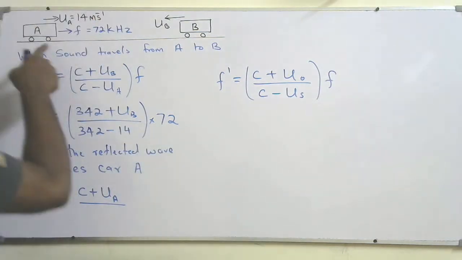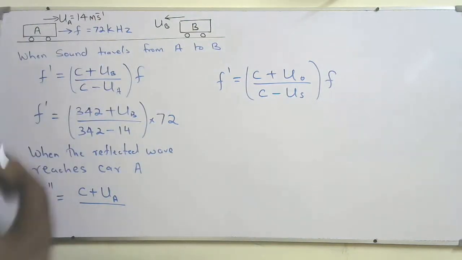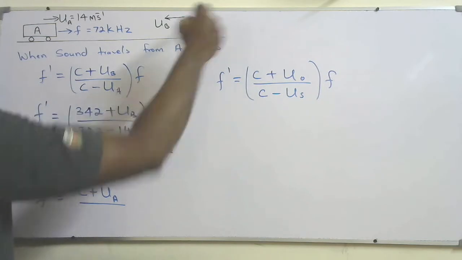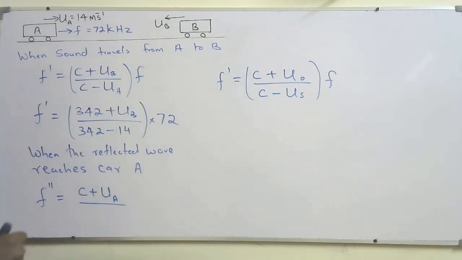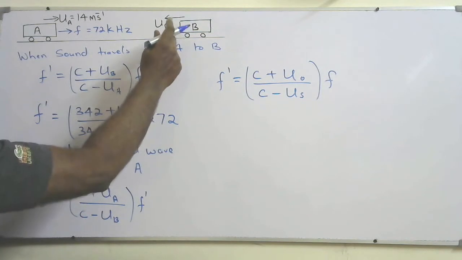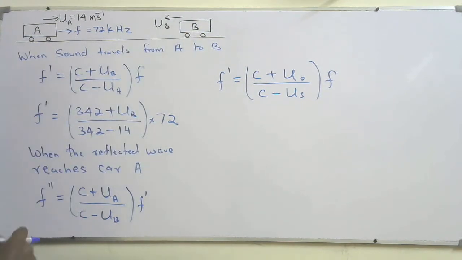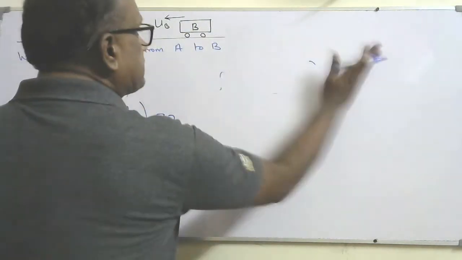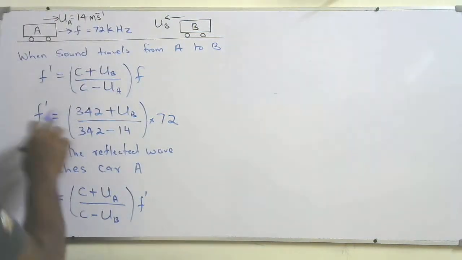So when the reflected wave approaches A, B is the wave source and A is the observer, so C plus UA over C minus UB into f dash, where f dash is the frequency of the wave traveling from B to A. I can substitute f dash here.